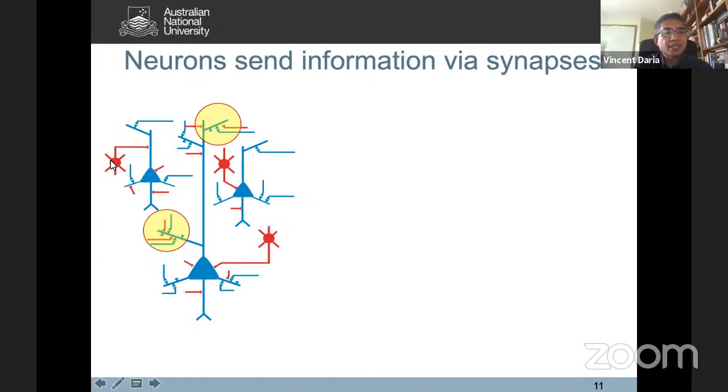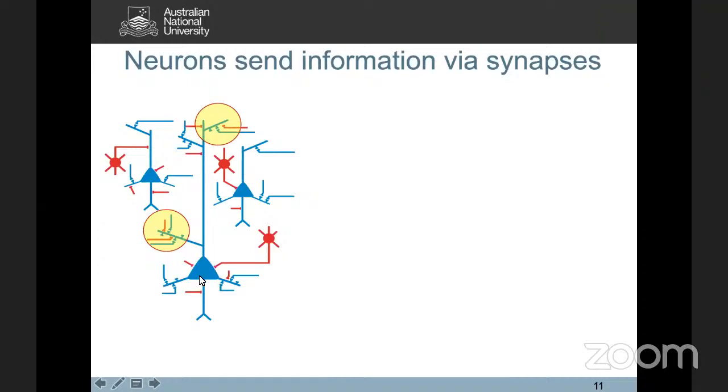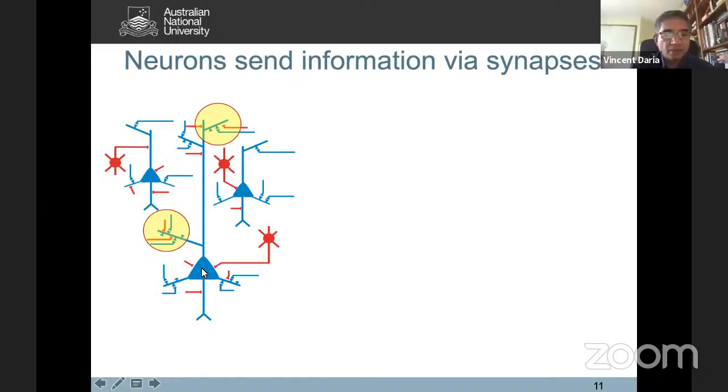There are also negative synapses, these are the red ones, and there are positive synapses, these are the blue ones. So the blue one is a positive synapse, probably from this layer 5 pyramidal neuron. These are smaller pyramidal neurons that would also make a positive synapse to this neuron here.